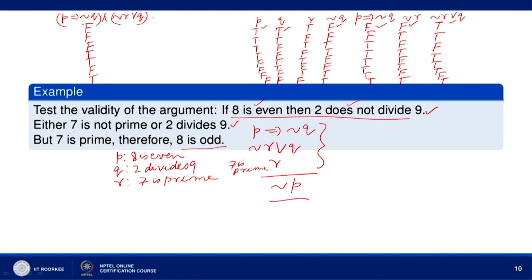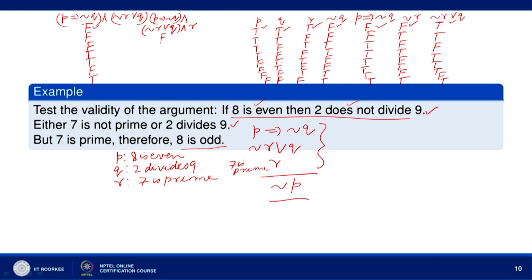Okay. Now, let us combine it with R. So, P implies not Q and not R or Q, and R. Okay. So, R is this column. So, T F is F. Okay.